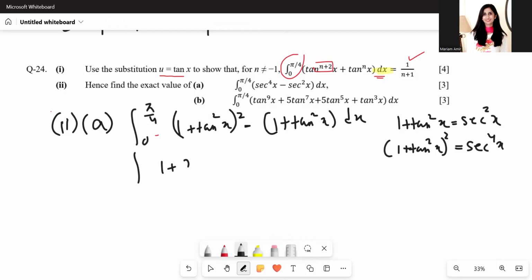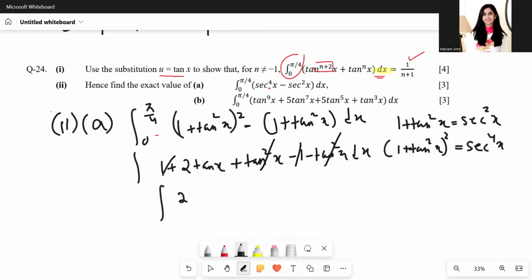We get a squared plus 2ab plus b squared minus 1 minus tan square x. So this and this cancel, this and this cancel. So we're left with 2 tan x dx.